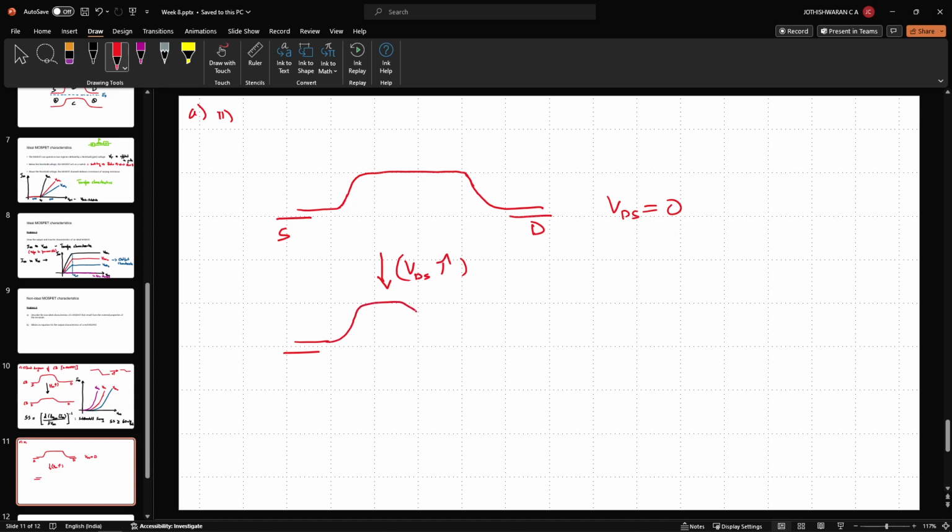Yes, it's going to be something like this. So here I'm going to extend this line all the way over here, and I'm going to say this is VDS. And so this is the case for VDS greater than 0.